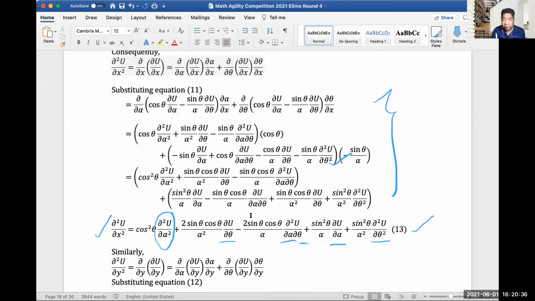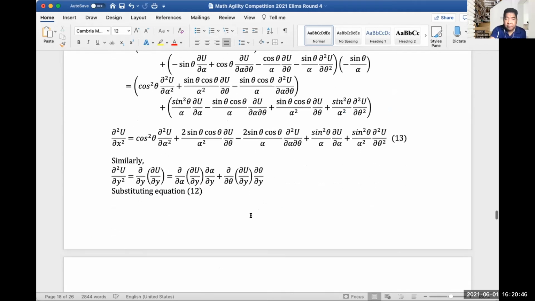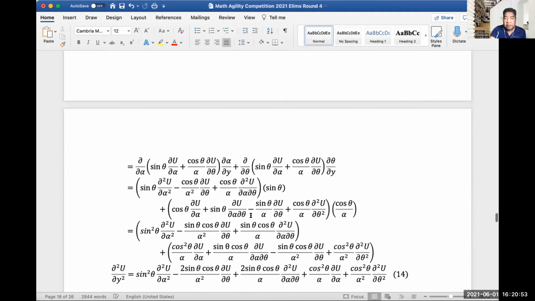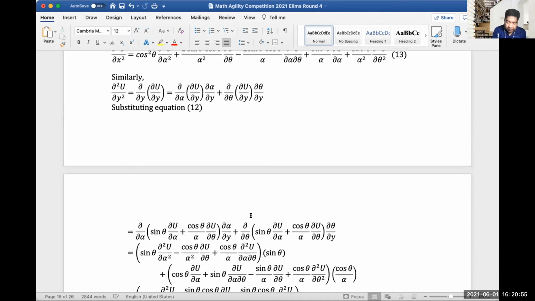And similarly with y, right? So this is with respect to y to x. We will get the same thing, the same process, for the partial derivative of u with respect to y. This is again our guide for getting the second partial derivative of u with respect to y, which is the partial derivative of the partial derivative of u with respect to y, with respect to y.